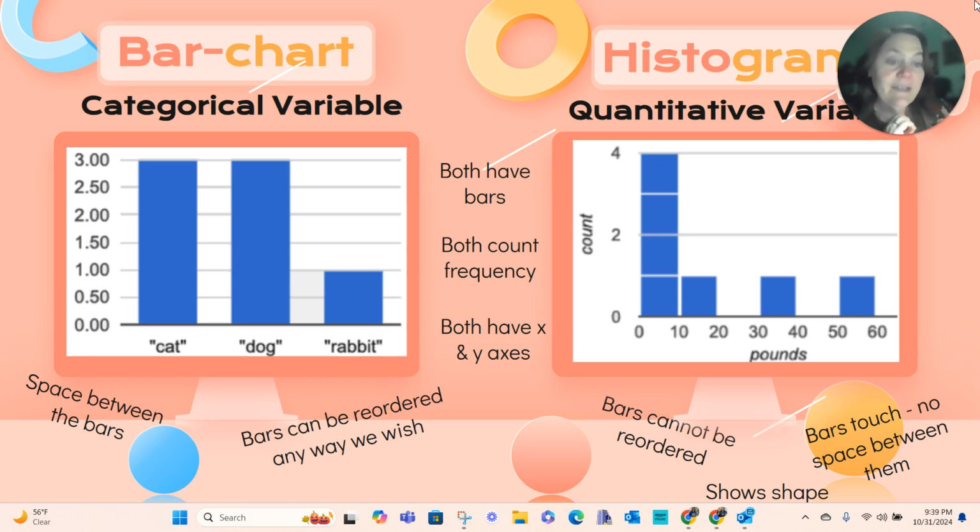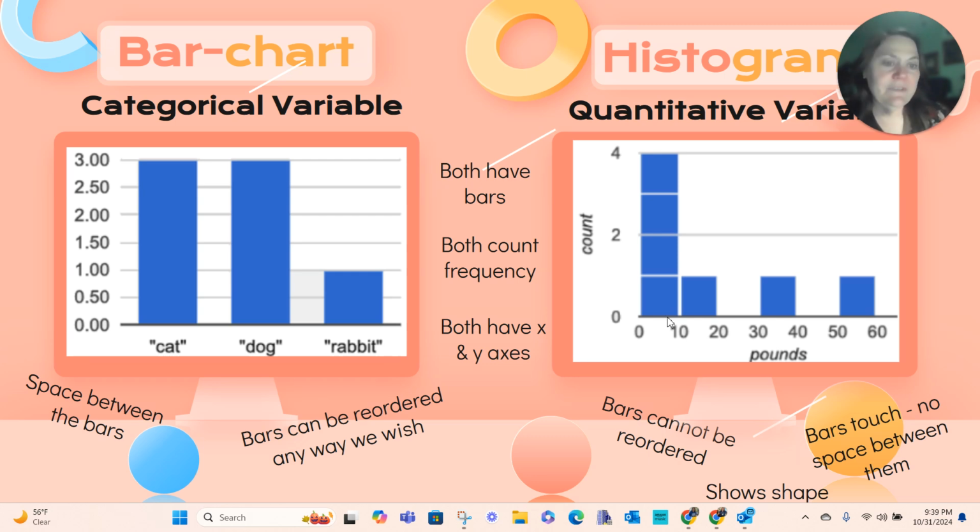However, when you get to the quantitative variable, now you see, well, I really wouldn't want to reorder those bars and put 30 to 40 pounds before 0 to 10. My brain would go, it's a little bit confusing. So we wouldn't want to do that.